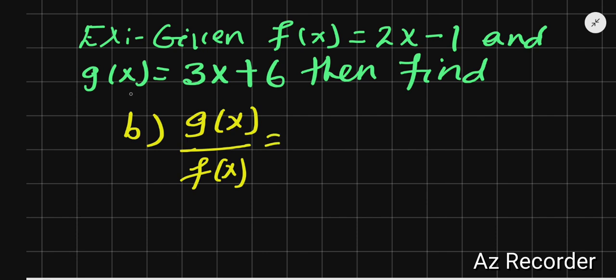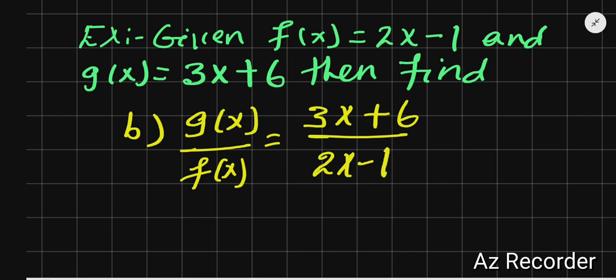Now g of x is 3x plus 6. Instead of g of x, substitute 3x plus 6. Instead of f of x, take 2x minus 1. Okay, we cannot simplify this one. Therefore, this is the answer. Write this as it is.